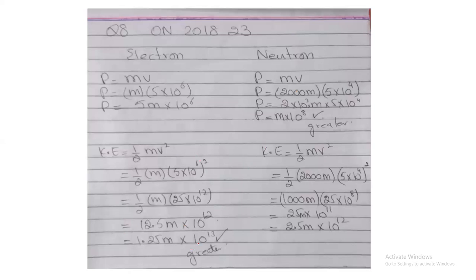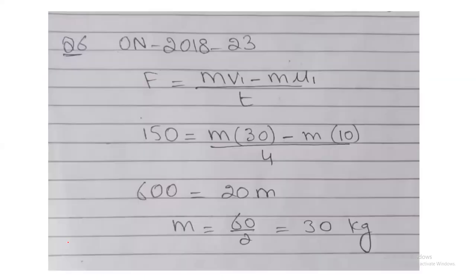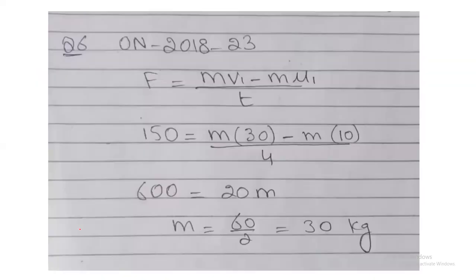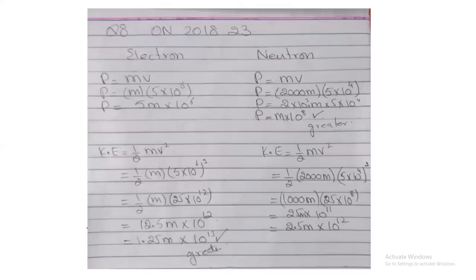So the momentum of the neutron is greater and the kinetic energy of the electron is greater. So the greater momentum, who will it be?